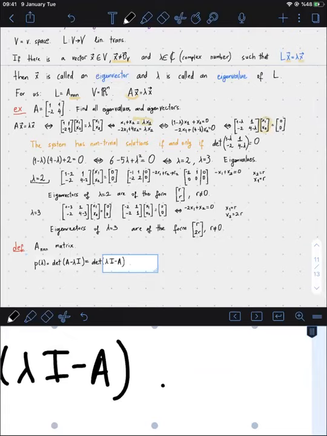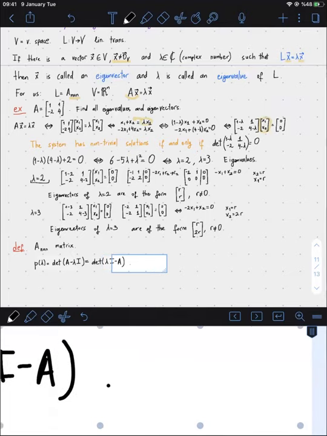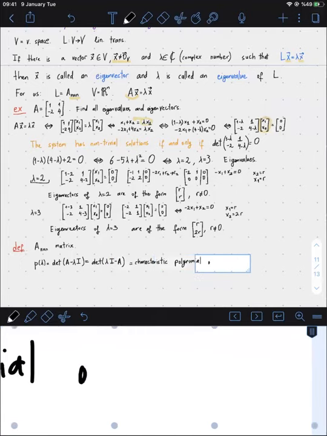This is called the characteristic polynomial of the matrix A, okay?